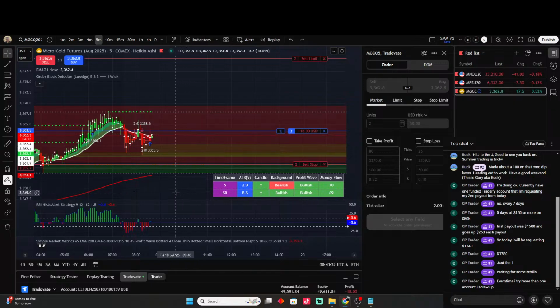Candle closed, but it was right below the 21, so now it's poking back above it. Really want to see that. I'd really feel a lot better about this when the resistance disappears.